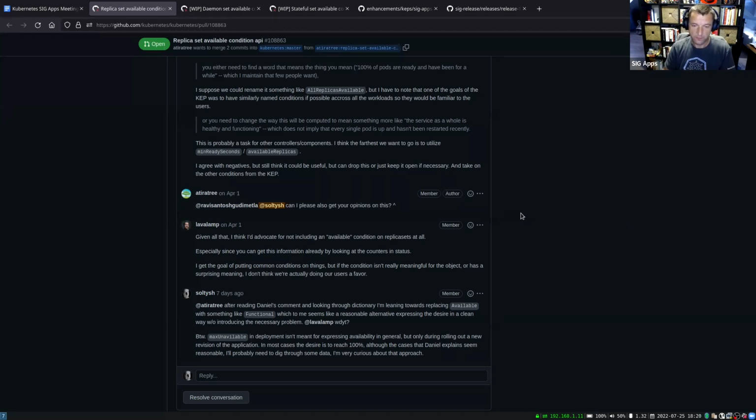The example of deployment, which is built on top of replica set, would be reusing the same condition to report further up the chain. In a similar manner, external tools would be consuming those conditions to make informed decisions.